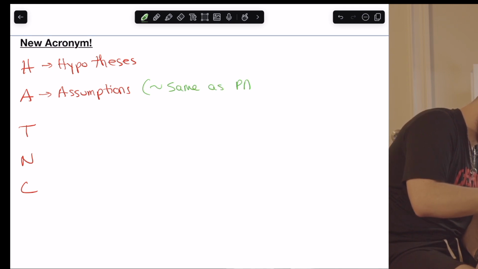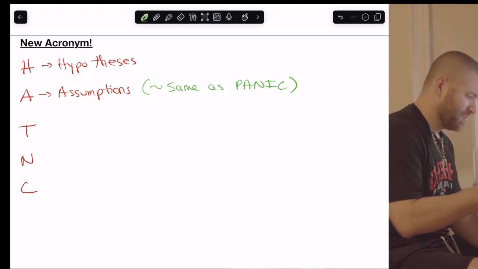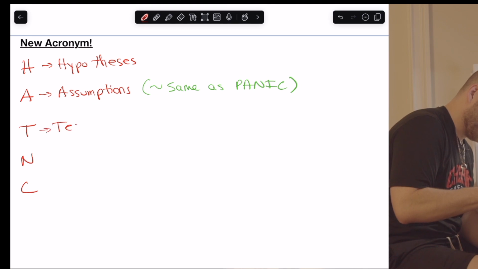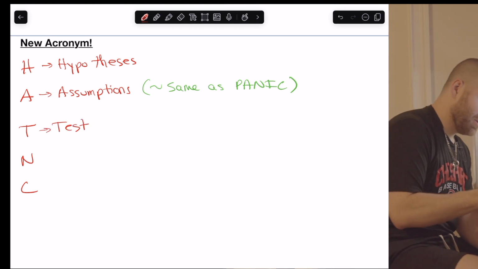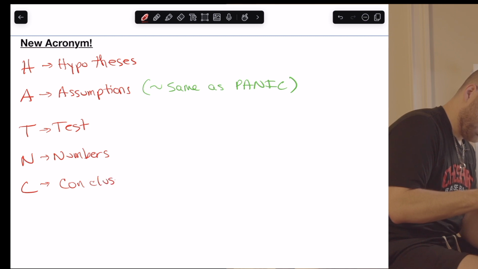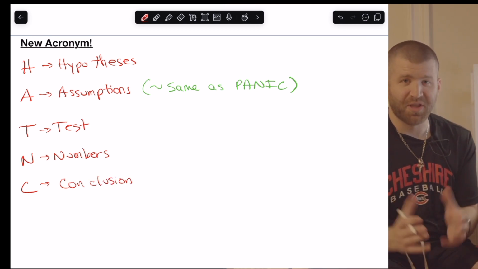And I say basically because we'll talk about the slight differences. The T stands for test, hence hypothesis test. The N stands for numbers, and the C stands for conclusion still.